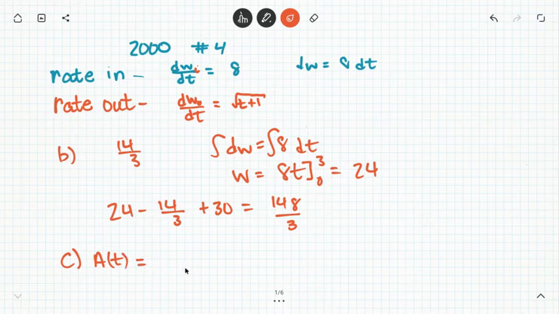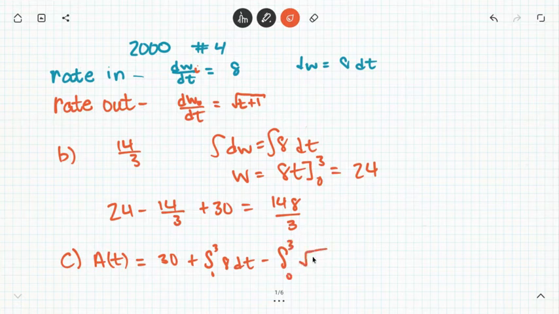Water at some amount of time is going to be the amount you started with, which is 30, plus the amount in, which is the integral of the rate in from 0 to 3, minus the integral of out.